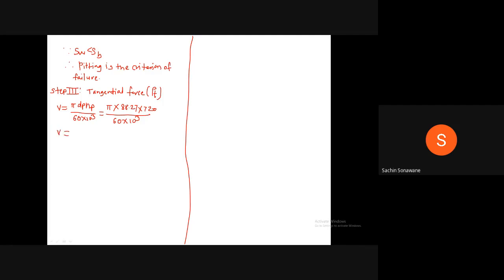What is the value of V? 3.33 meter per second.